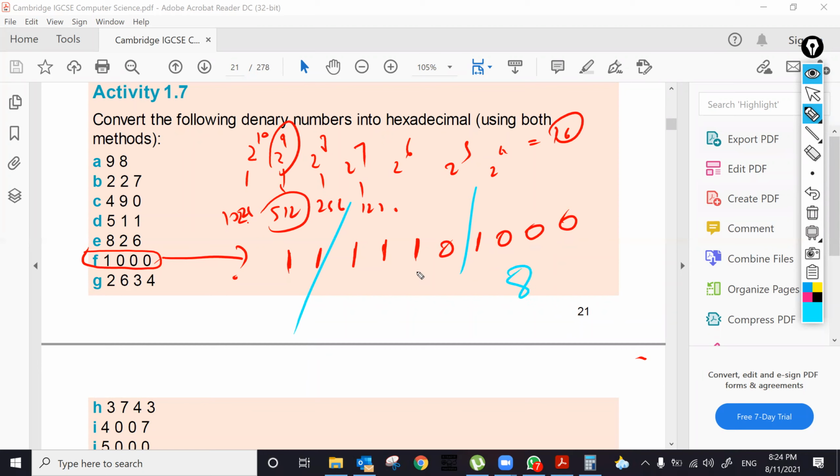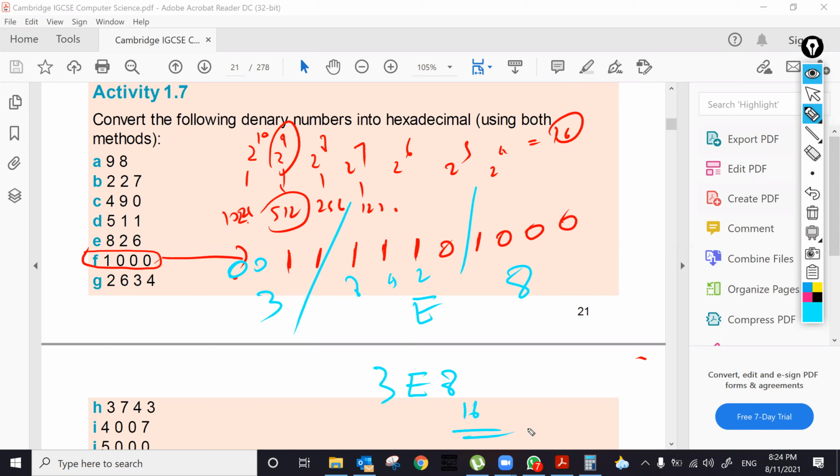Here, 2, 4, 8, 12, sorry, 14. 14 means E. E. Here, 1, 2, 3. So 3E8 is the hexadecimal. Got it?